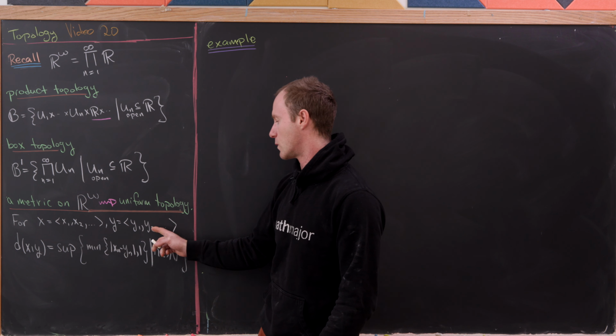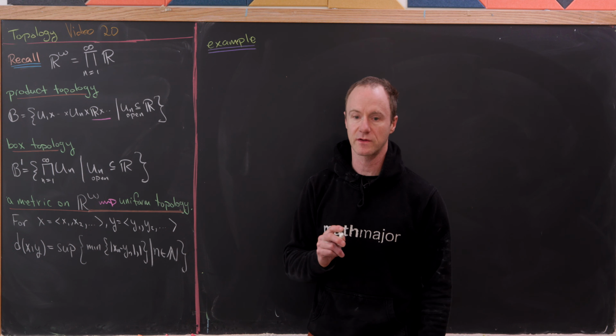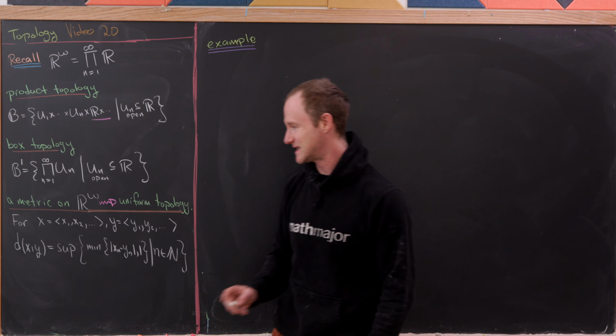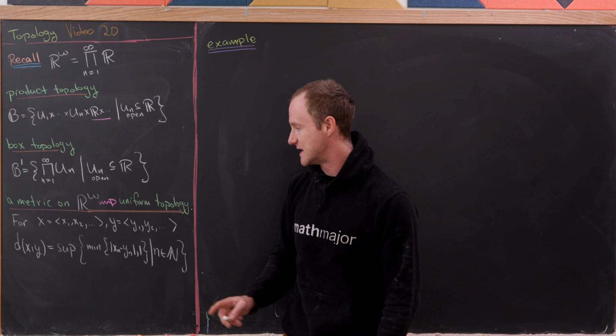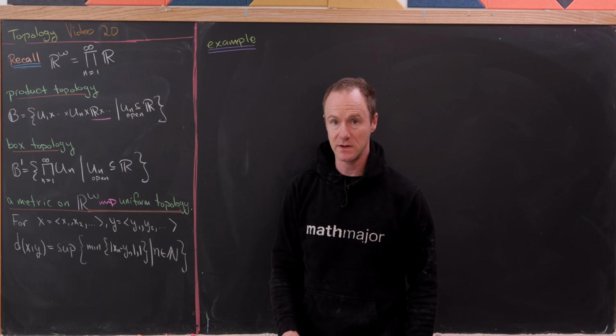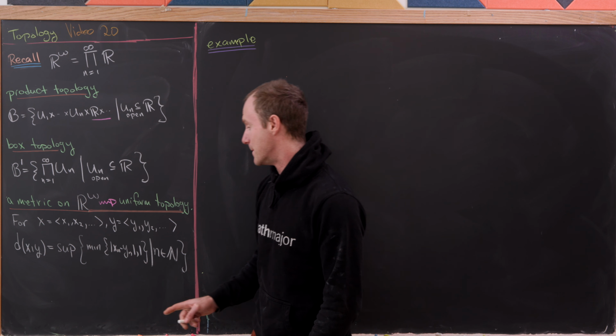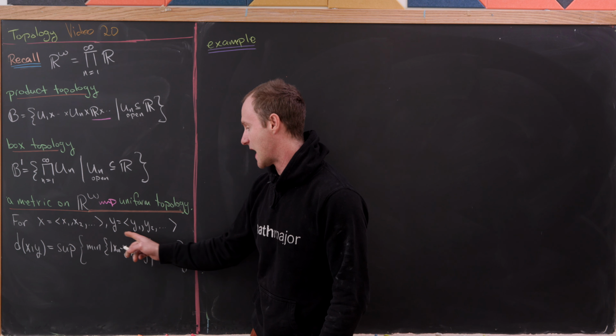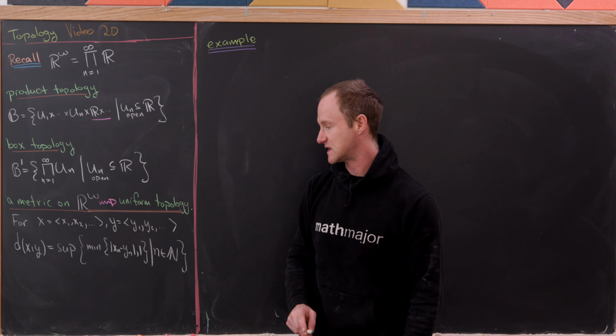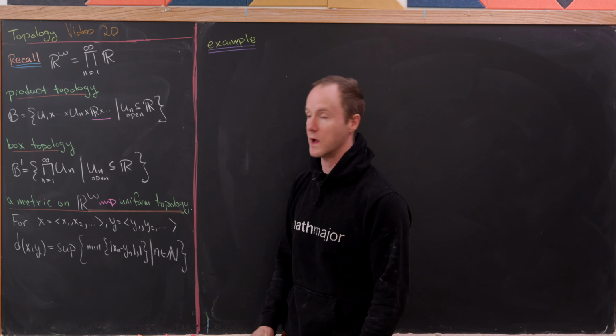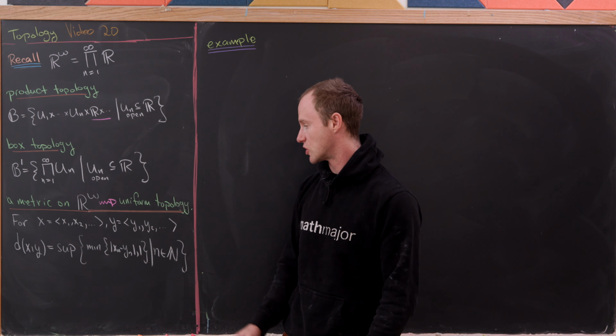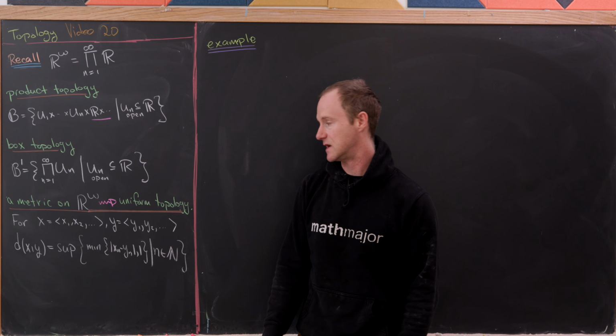Y is y1, y2, y3, so on and so forth. So we'll say the distance from x to y is the supremum of the minimum of the absolute value of the difference of xn and yn with the number 1. And this is as we range over all natural numbers n.